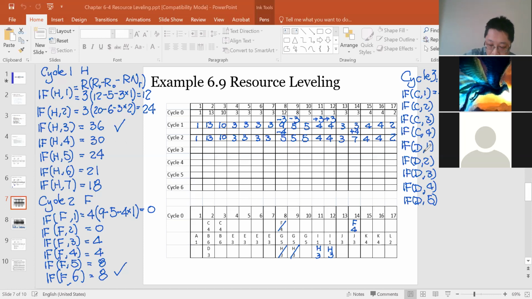Let's see if I do not move C. Instead, I move D. D moves 1 day from 2 to 3. D is 3 each day, and day 2 is also 13, and I occupy day 3, which is 10, and minus 3 by 1.